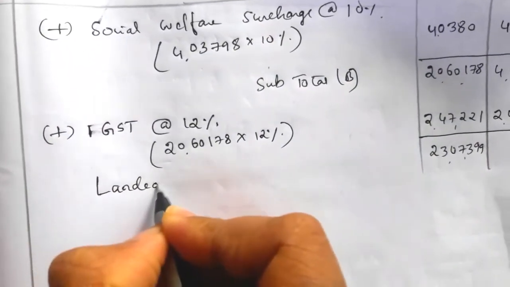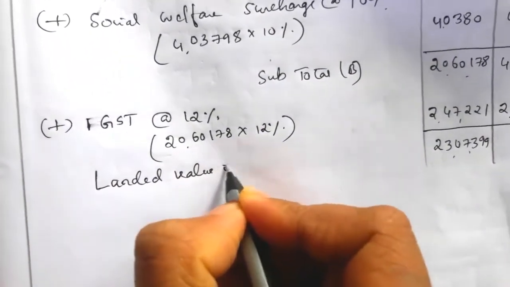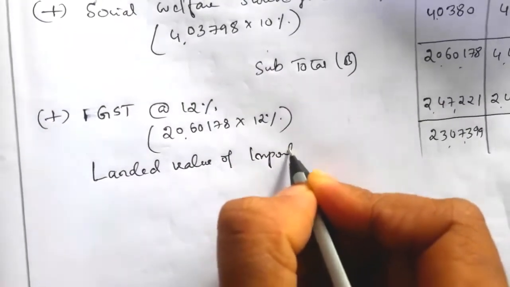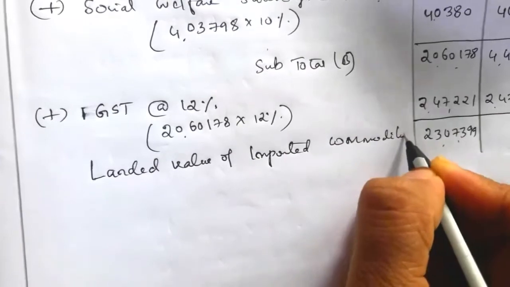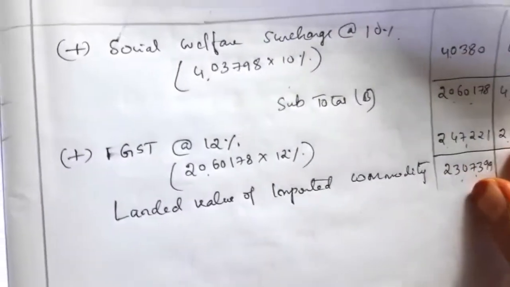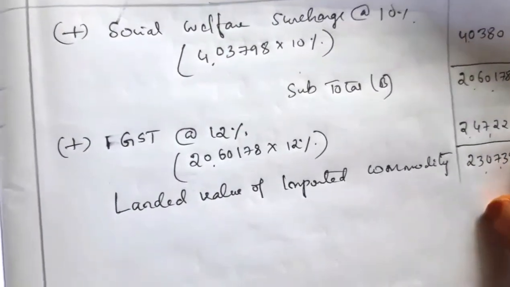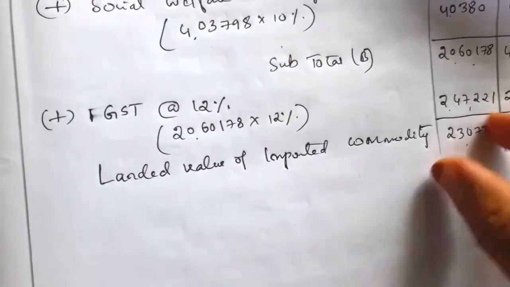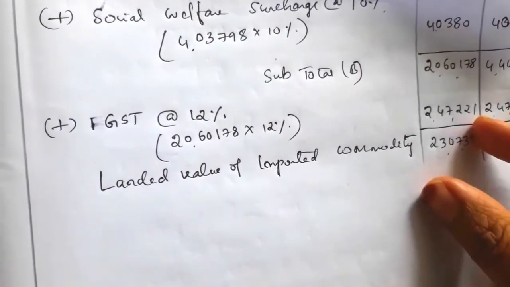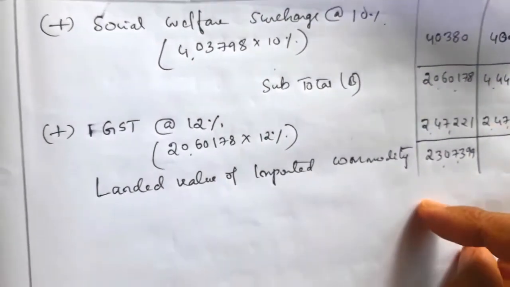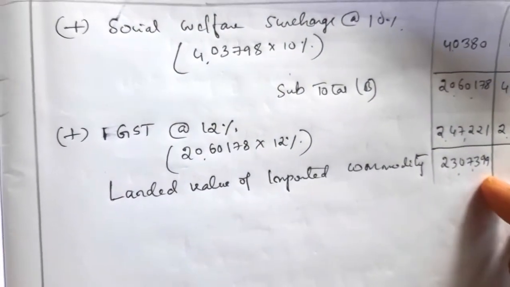We have to call it the landed value of imported commodity. Landed value means the value after import. That is the assessable value plus all the taxes, equal to the landed value of imported commodity.